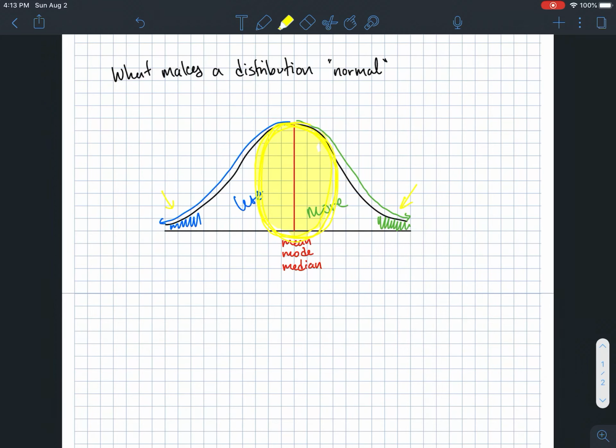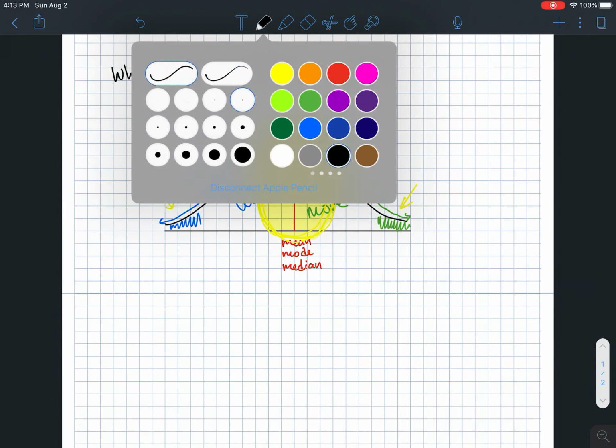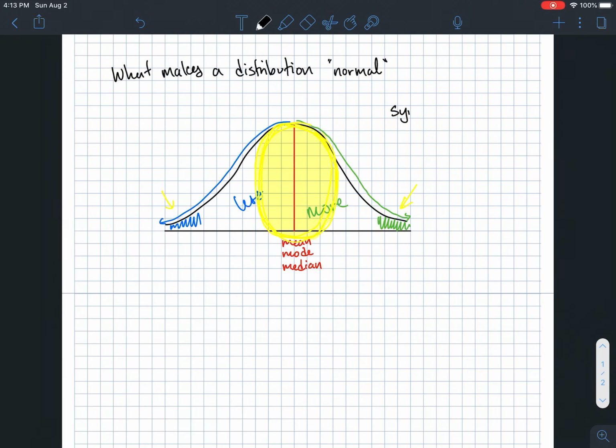The nice thing about these normal distributions is that by looking at it, we can see that it's also symmetrical on both sides, meaning that when we cut this in half, I pretty much have a mirror image of itself.